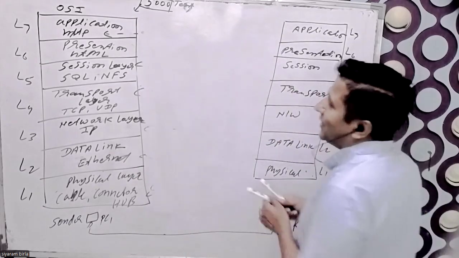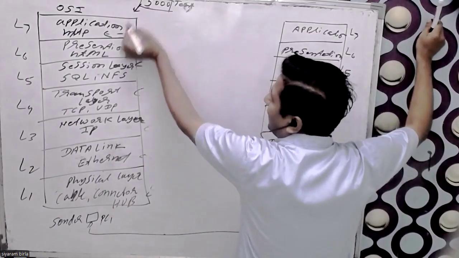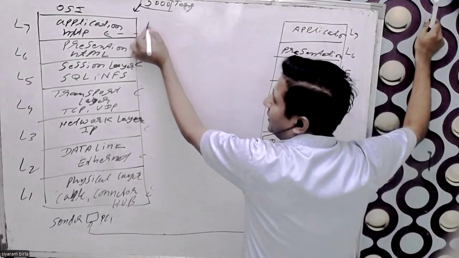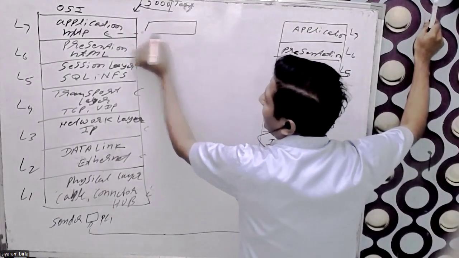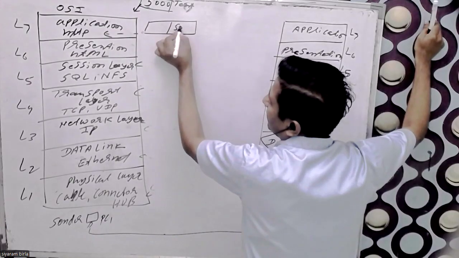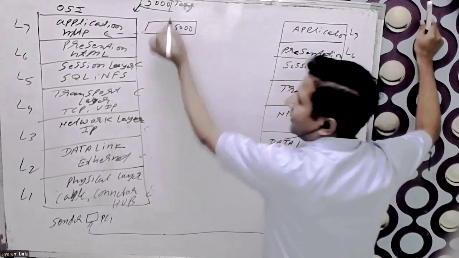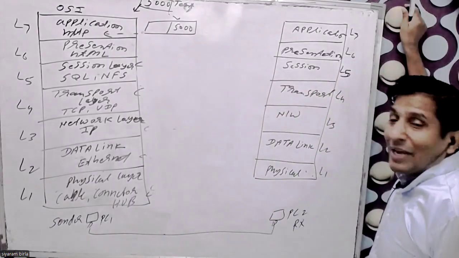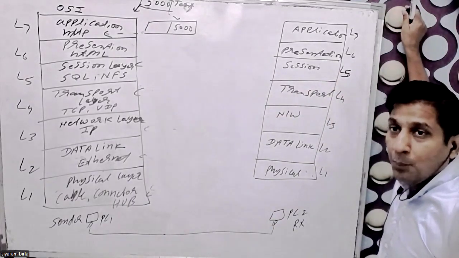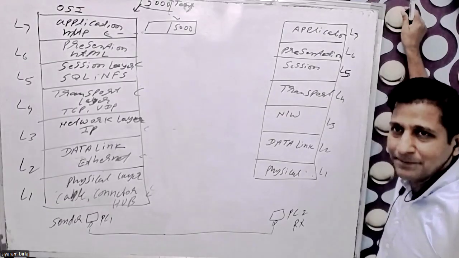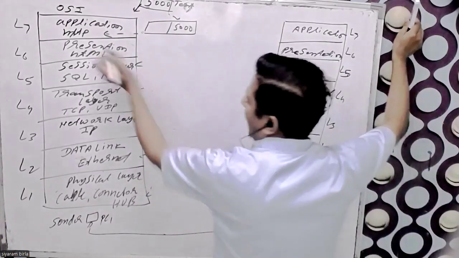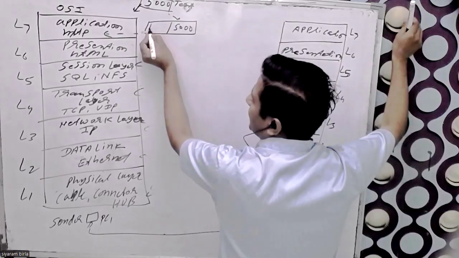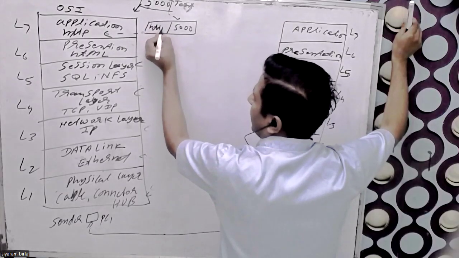Similarly, the data I'm interacting with the application comes here, 5,000 in the application layer. The application puts some kind of header here, and at the application layer, HTTP comes into the picture.